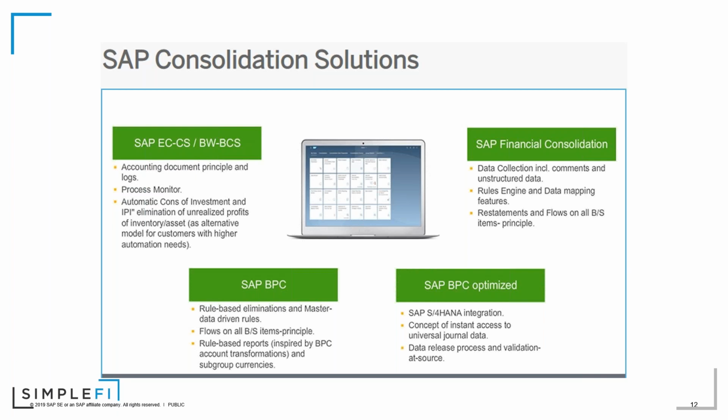What people really liked from the ECCS side is the layering of all the different document types and all the different posting levels, which give you a complete audit trail and a way to track all the different processes from data loading to reclasses, currency translation, journal entries, all the way up through the actual consolidation at the group level and eliminations.